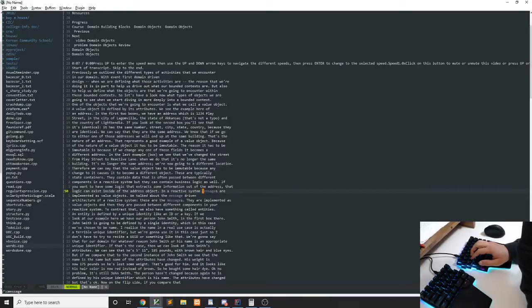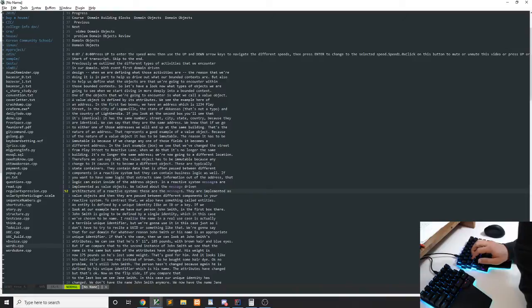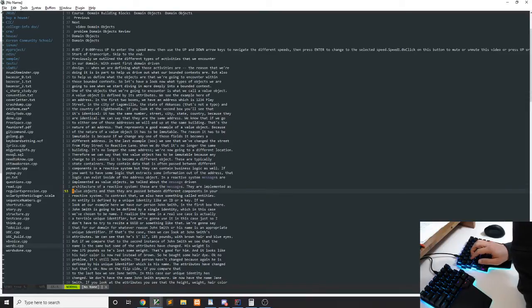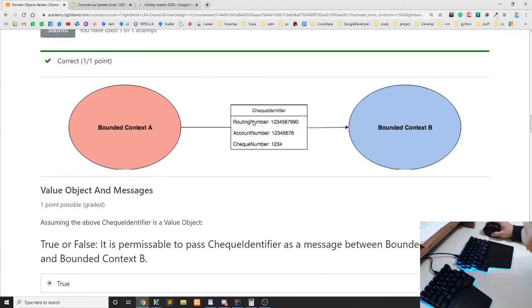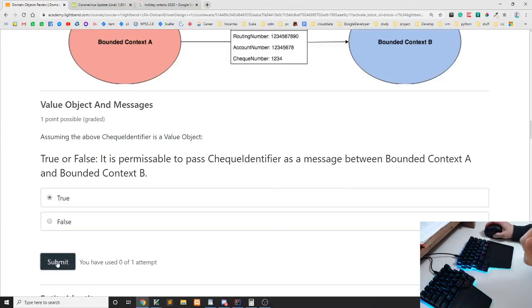We talked about the message-driven architecture of a reactive system, and these are the messages. They are implemented as value objects and then they are passed between different components in your reactive system. So it's true because this value object is a message, one of the messages.